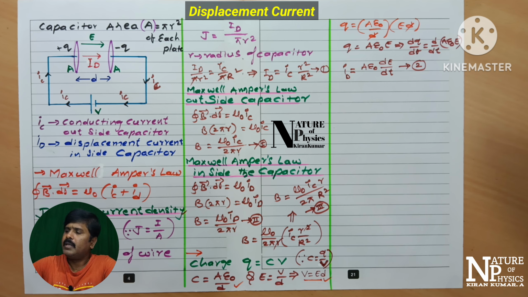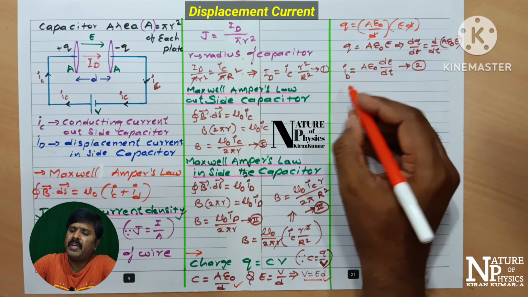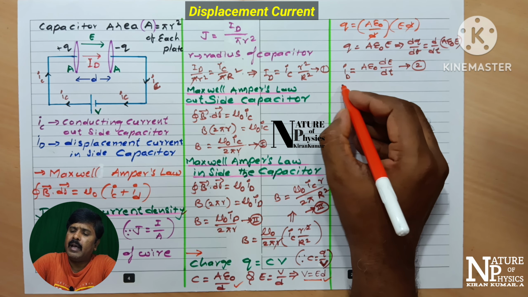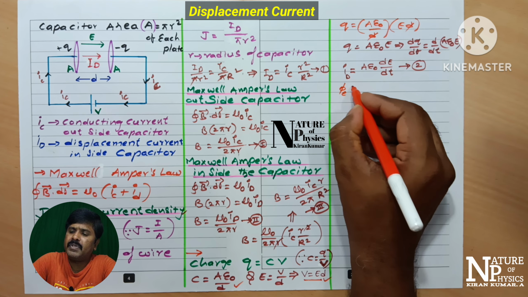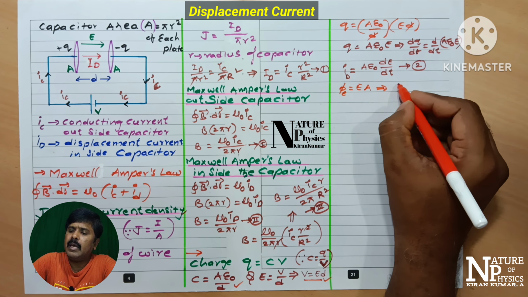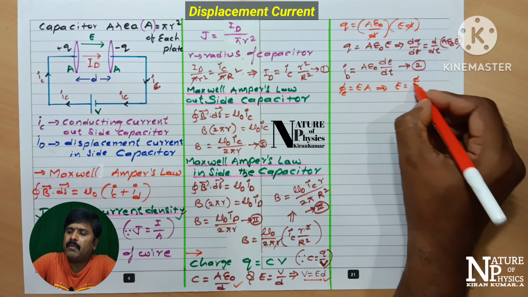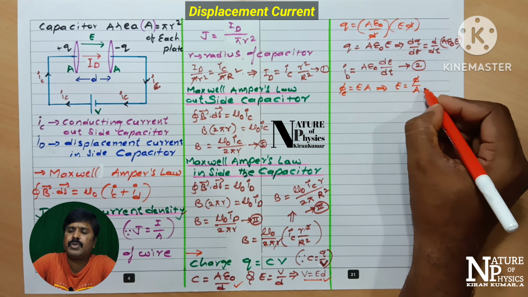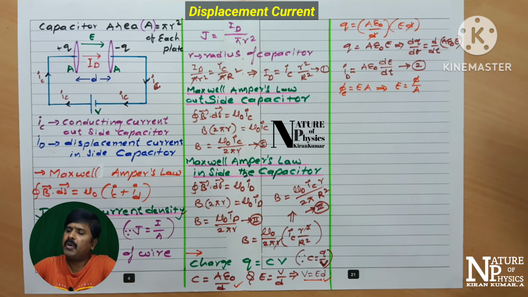And in continuation, there is a relation in which first I am going to write the electric flux phi E which is equal to E A. From this, E is equal to electric flux divided by area. E is replaced in the above equation.